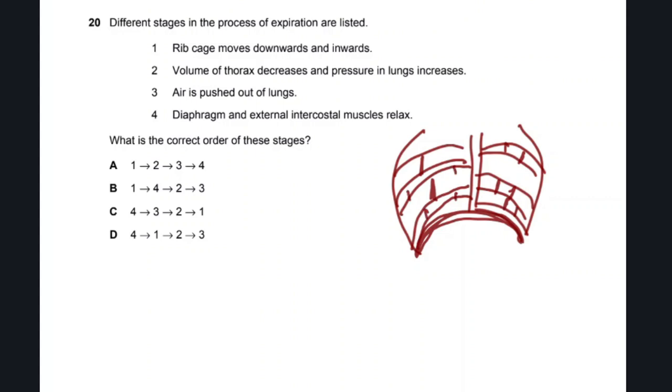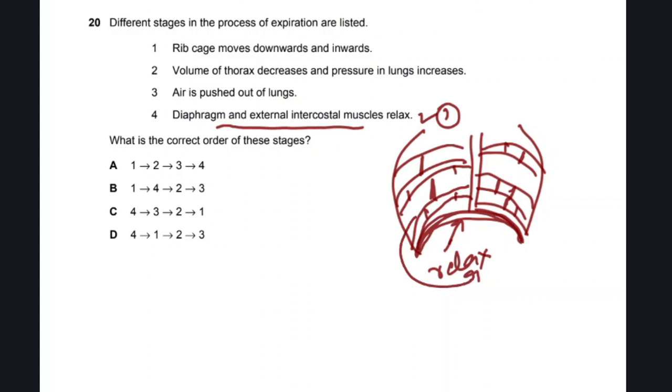During this situation, the order is: rib cage moves downward? No, this is not the first one. Diaphragm and external intercostal muscles relax. This is number one, because during exhalation the diaphragm muscles relax, and the external intercostal muscles also relax.